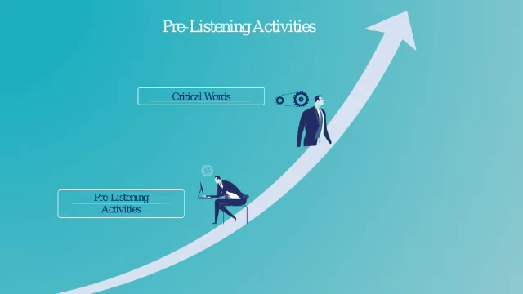So it may be necessary for the teacher to present 3 or 4 critical words at the beginning of the listening lesson. Yes, the teacher must provide at least 3 or 4 about the test.